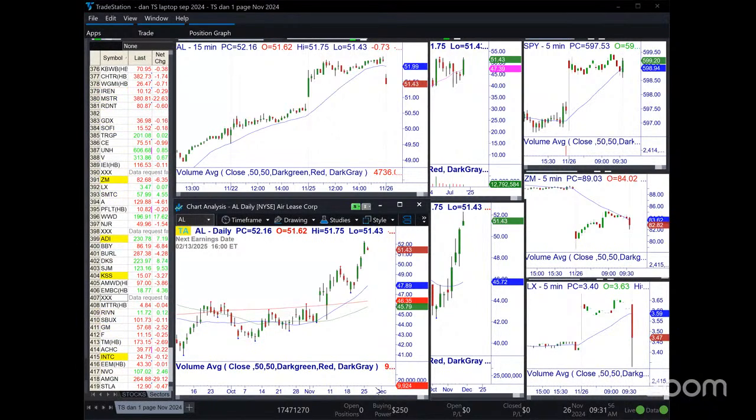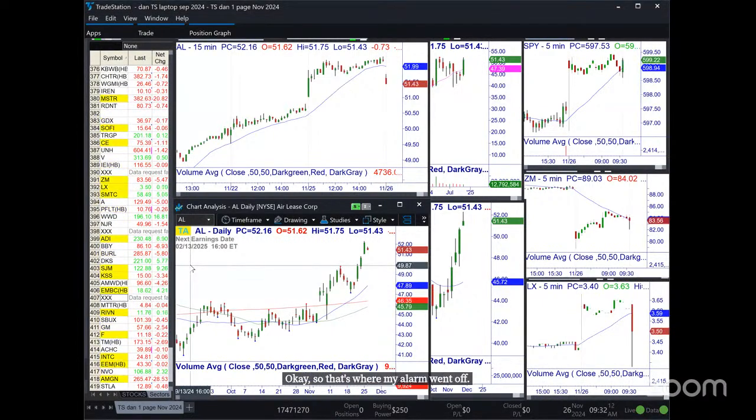That was a beautiful buy setup that triggered, Alpha Lima. Oh, it actually stopped at 51.48. Okay, so that's why my alarm went off. But that's fine. It's within pennies.